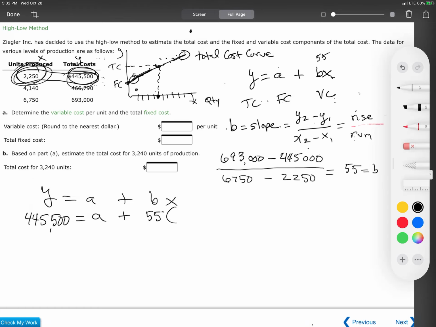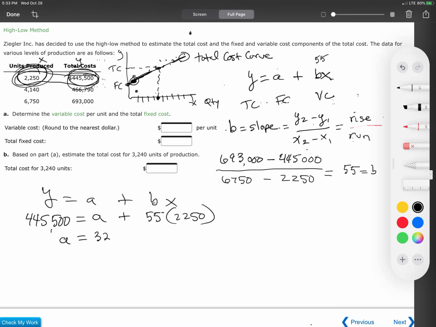So I can have a formula y equals a plus bx, and I can insert this for the y value, 445500. I'm solving for a. I just solved for b, which is 55. And x is this number, 2250.